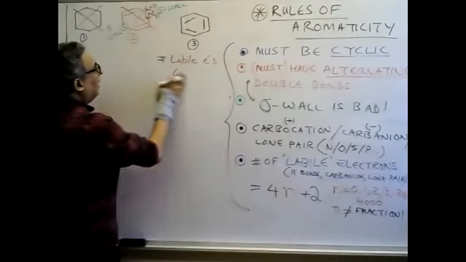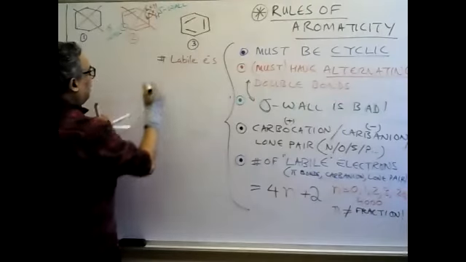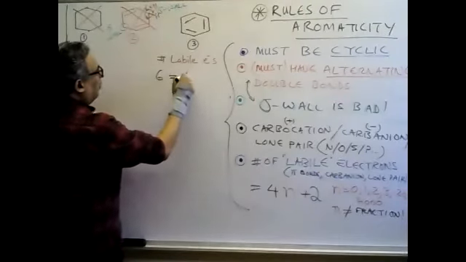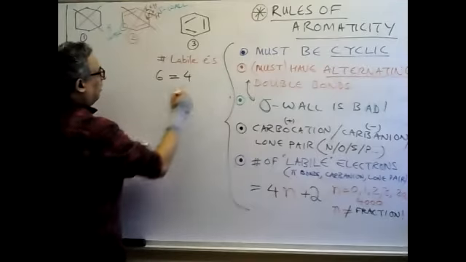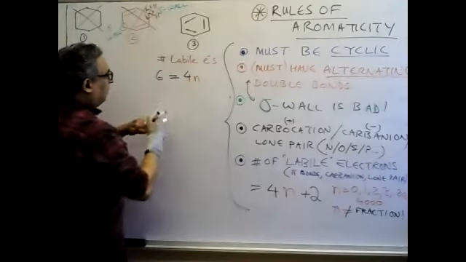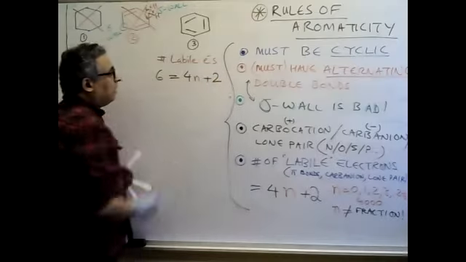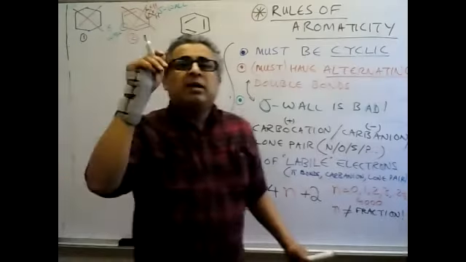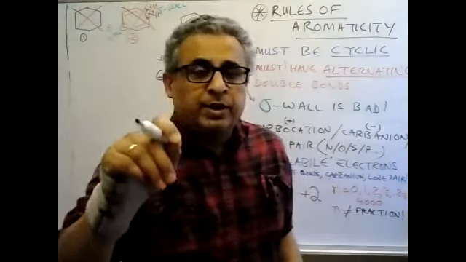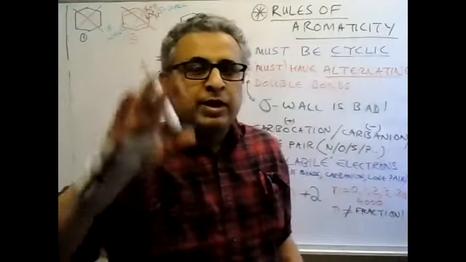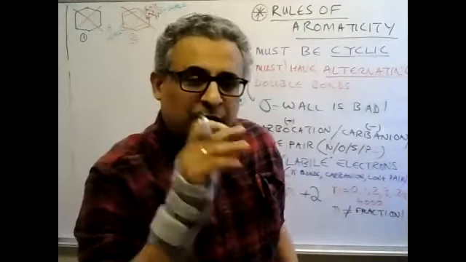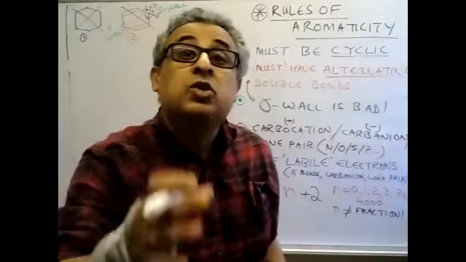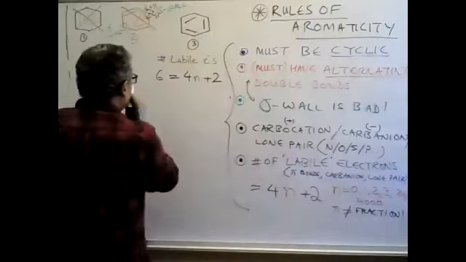So can you write 6 equal to 4n plus 2? Okay, now write whatever the number of electrons you come up with, 6, 10, 12, 14, whatever, write it as equal to 4n plus 2 and then solve for the value of n. It's not that difficult.